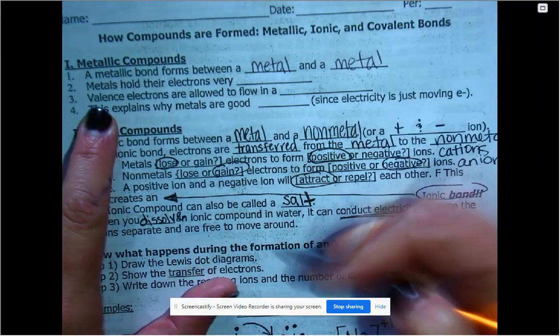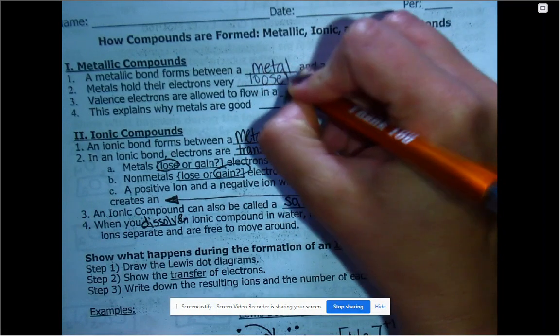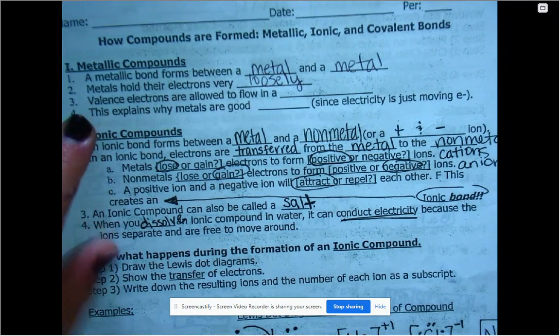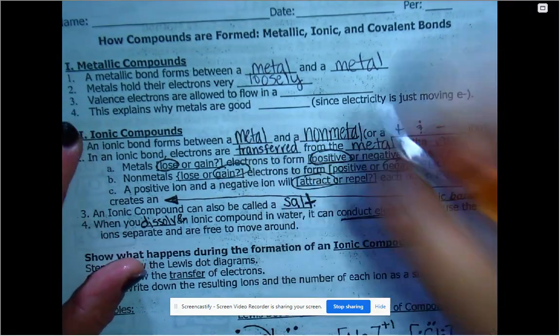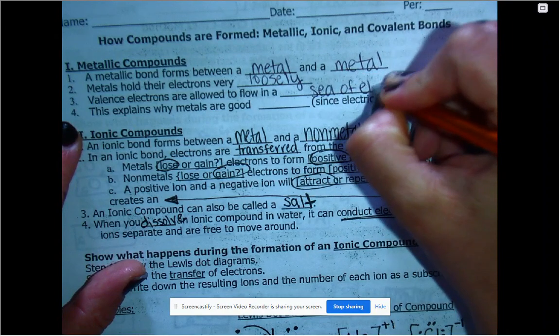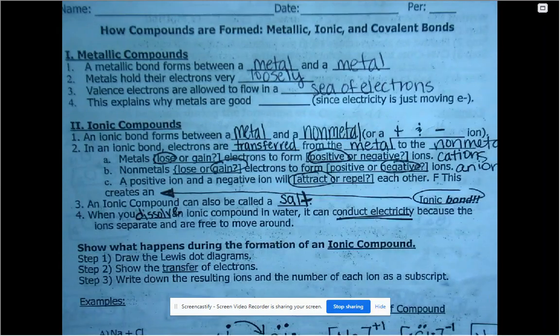Metals hold their electrons very loosely. Valence electrons are allowed to flow in a sea of electrons. So again, the fancy word is that they're delocalized.